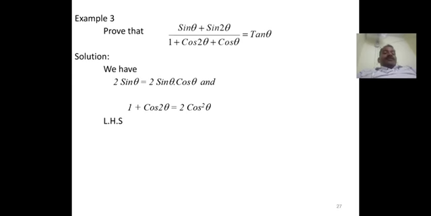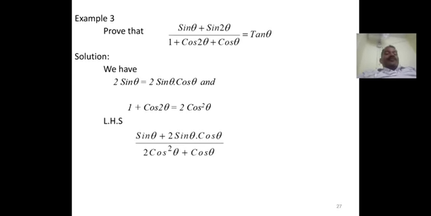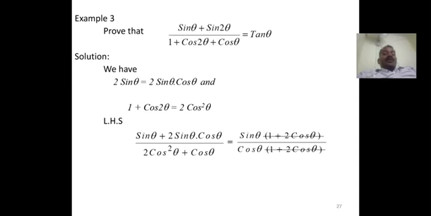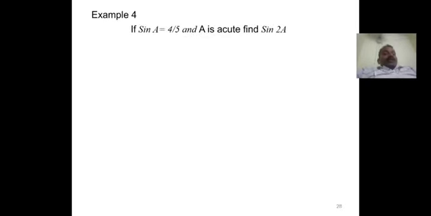So if you replace these two values, then we will get sin theta plus 2 sin theta cos theta by 2 cos square theta plus cos theta. Take sin theta common in the numerator and cos theta common in the denominator. After taking sin theta common in the numerator, 1 plus 2 cos theta, and cos theta common in the denominator, we will get 1 plus 2 cos theta. 1 plus 2 cos theta, 1 plus 2 cos theta will cancel. Sin theta by cos theta, that is tan theta, that is RHS.